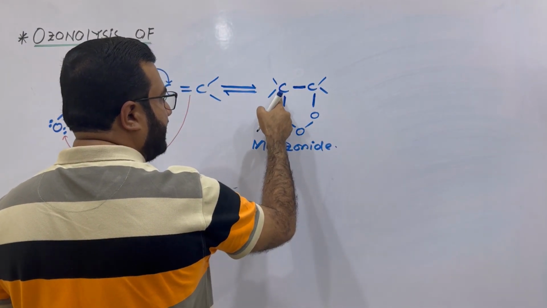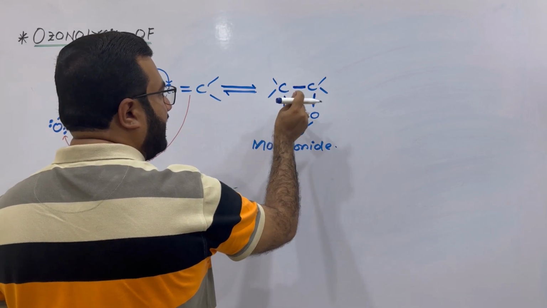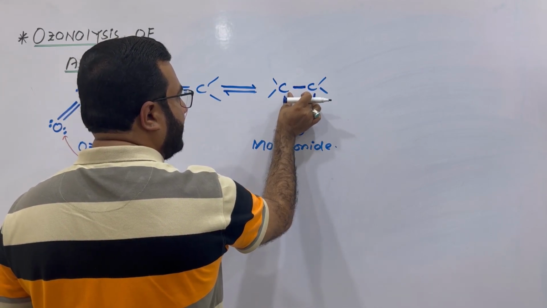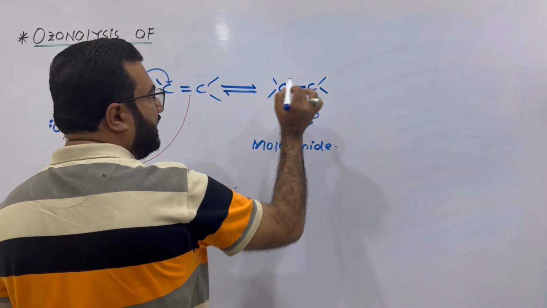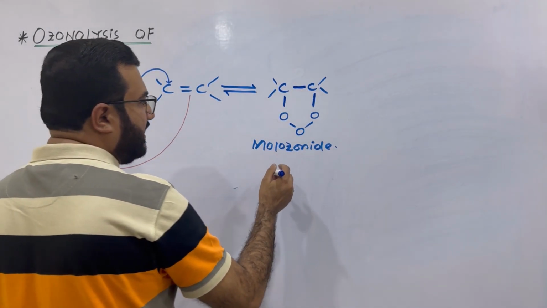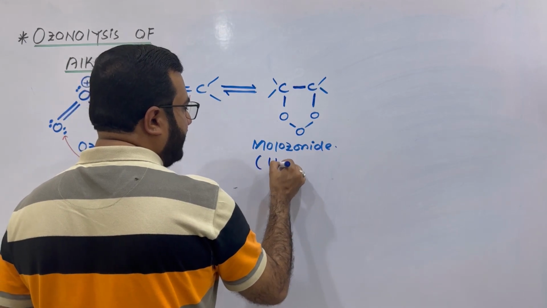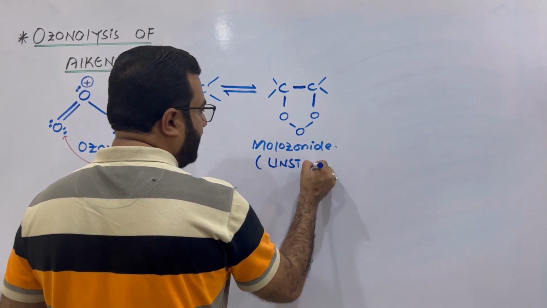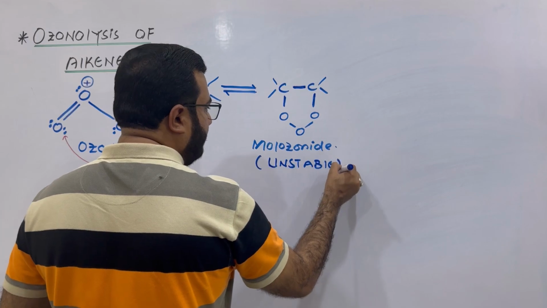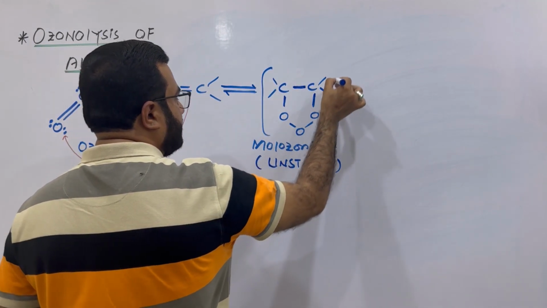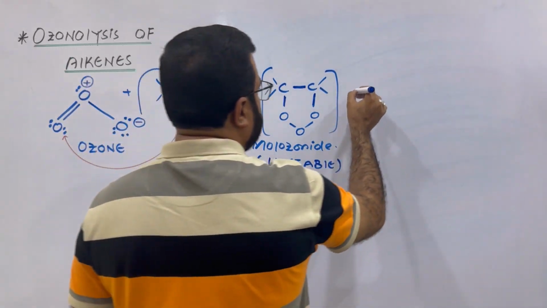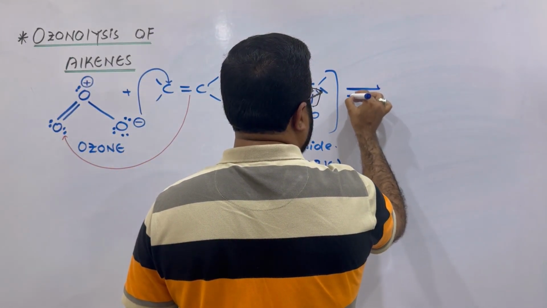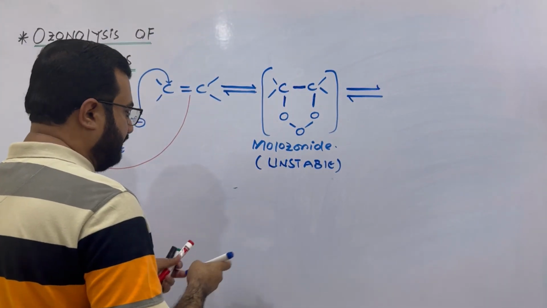This oxygen will attract electron from the other carbon, and the competition for the electron will start between the two carbon atoms, due to which this bond will be under huge stress. And that's why the mole ozonide is highly unstable and short-lived, and it is formed only for a very, very small fraction of time. This mole ozonide is then converted to two intermediate products.